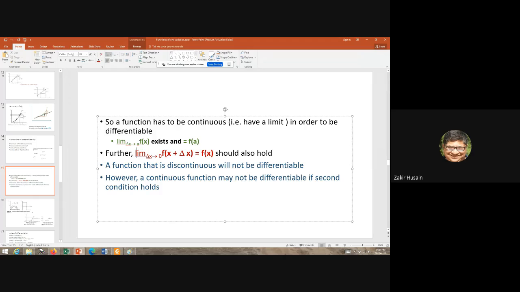So if the function is discontinuous, it will not be differentiable. But if a function is continuous, that doesn't imply it will automatically be differentiable. We have to check whether this condition holds. So continuity plus this red line condition.